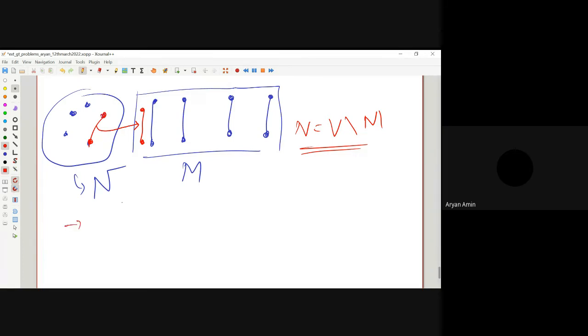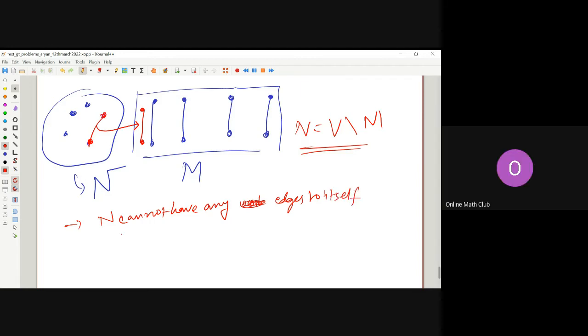So we come to the conclusion that N cannot have any edges to itself, which implies that N is an independent set. So this is a very important property of a maximal matching.